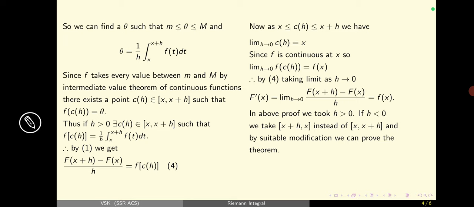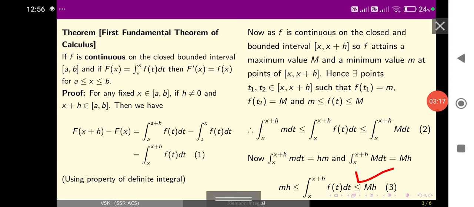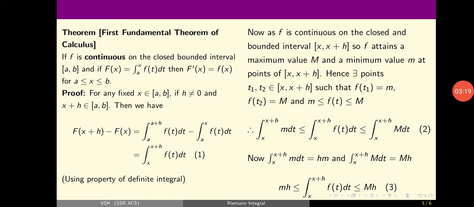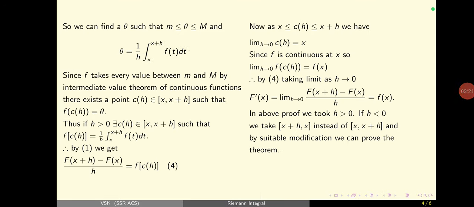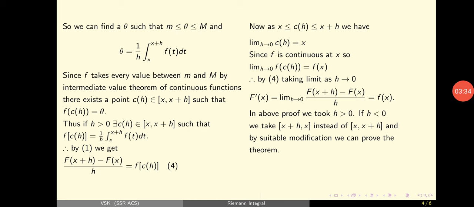Because this holds, we can find a value theta such that m is less than or equal to theta, which is less than or equal to capital M, and the value of theta is equal to 1 upon h times the integral from x to x+h of f(t) dt. How are we obtaining this?